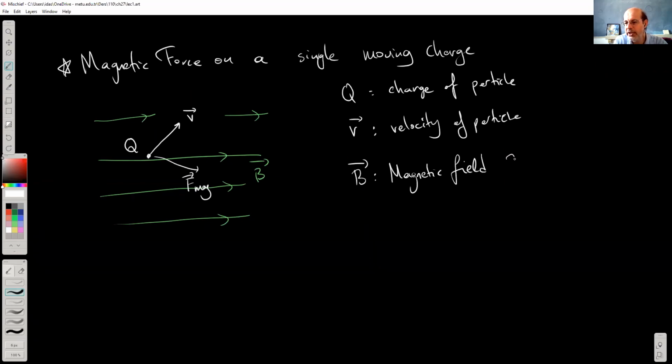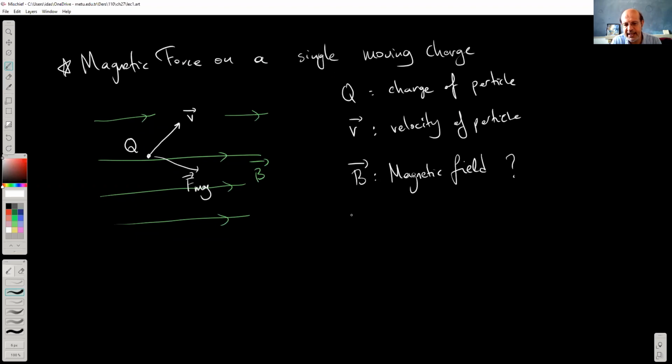So the question here is, what is that field? We haven't defined it, and we don't know how to define it yet. But hopefully, when we write down the expression of the magnetic force, we will be able to see how we can define the magnetic field. Just like the electric field, we expect this to be a vector.